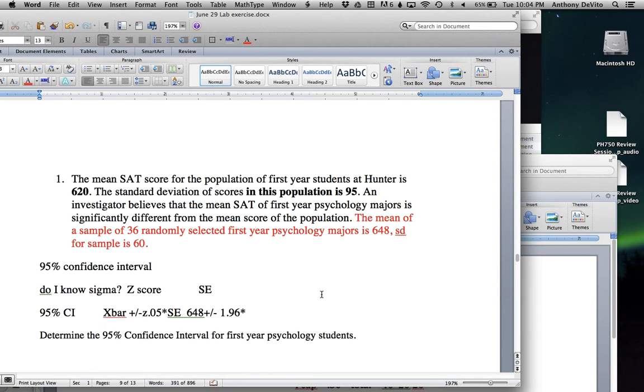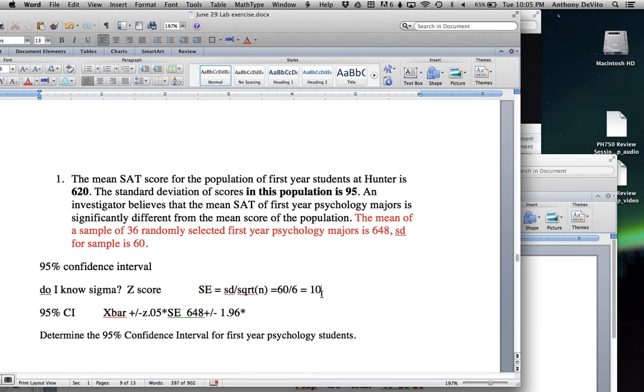We know the standard error is equal to the standard deviation, or sigma, depending on what we know, divided by the square root of the sample size. In our case, the standard deviation of the sample was 60 divided by the square root of the sample size, which is 36, which is 6. So 60 over 6 is equal to 10.